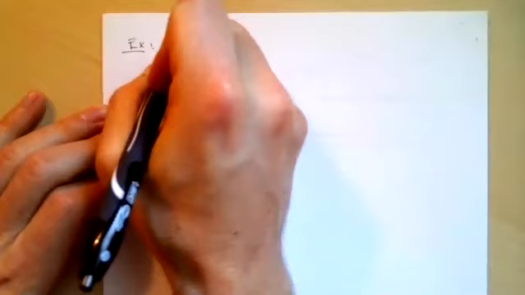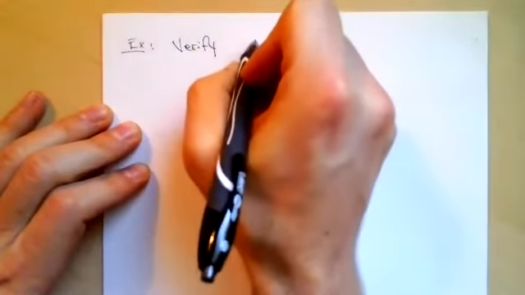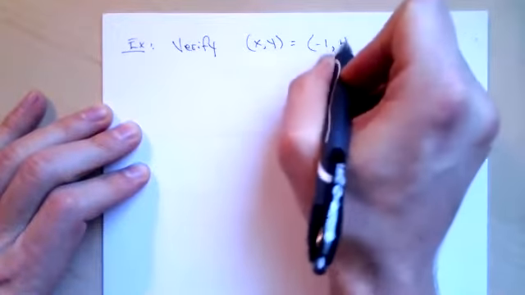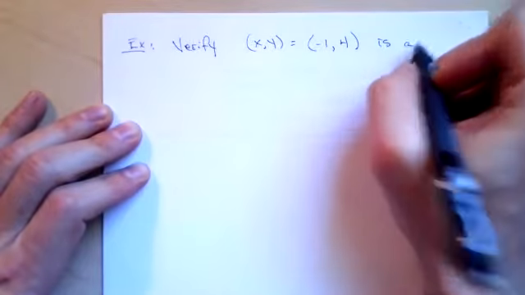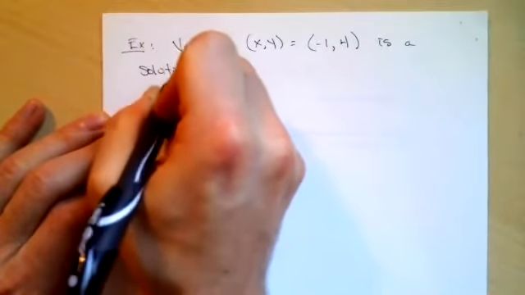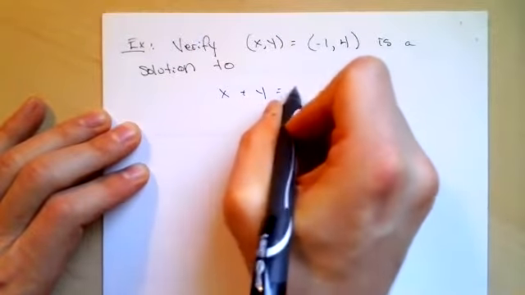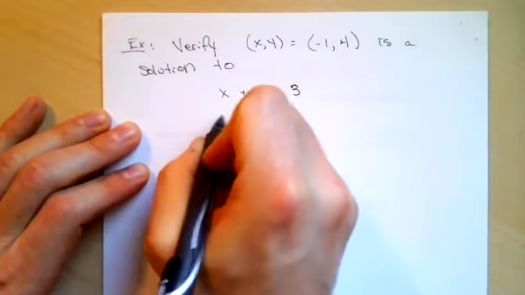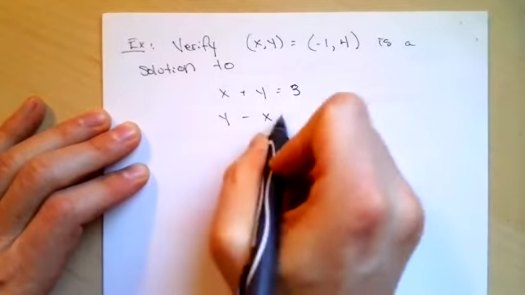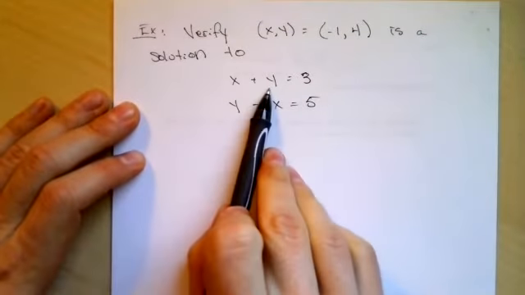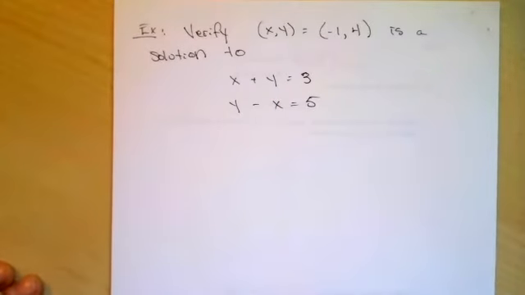So for example, let's say verify that (x, y) equals (-1, 4) is a solution to the system of linear equations x plus y equals 3 and y minus x equals 5. So again, we're in low dimensions. We've only got 2 independent variables, so we'll just use x and y for those.